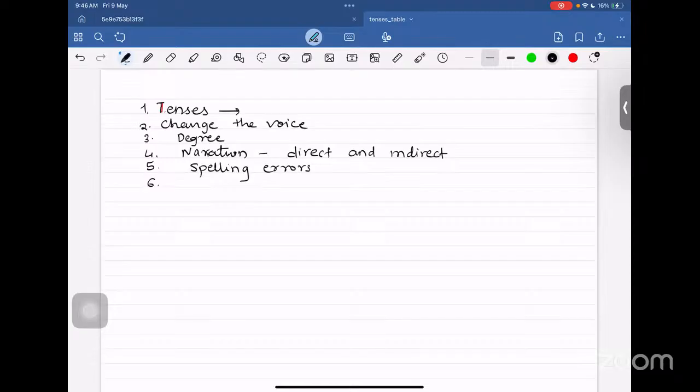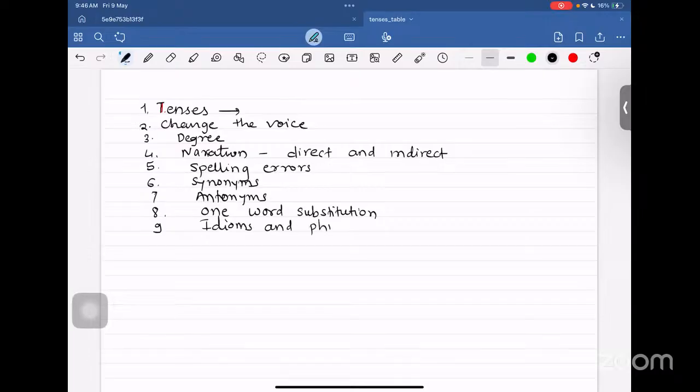Sixth, synonyms. Seventh, antonyms. Eighth, one word substitution. Ninth, idioms and phrases. Tenth, sentence completion.